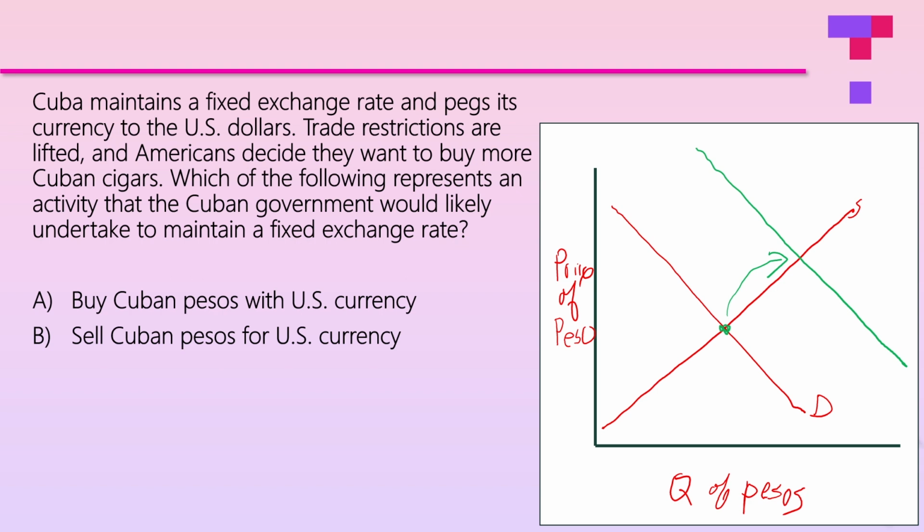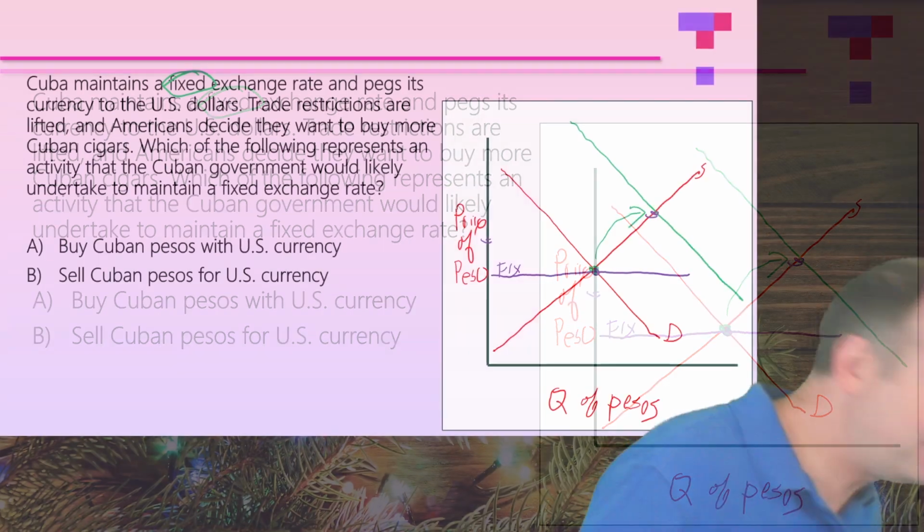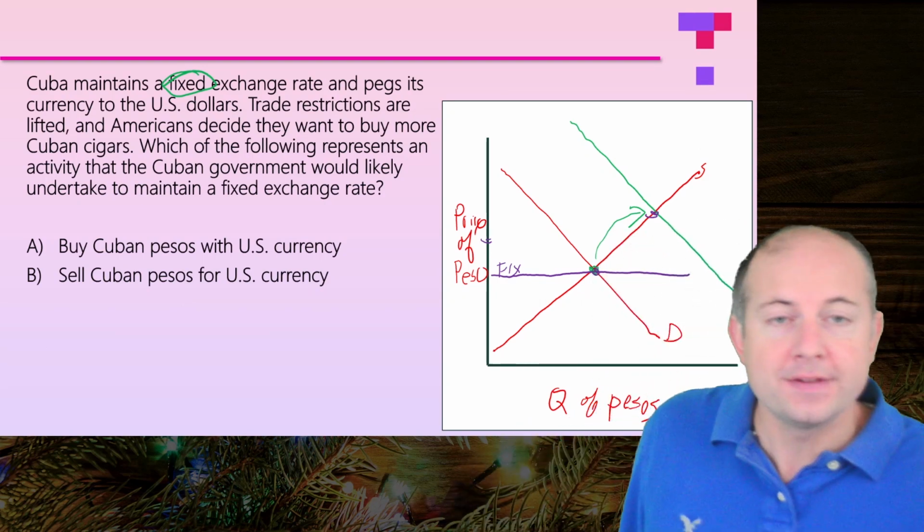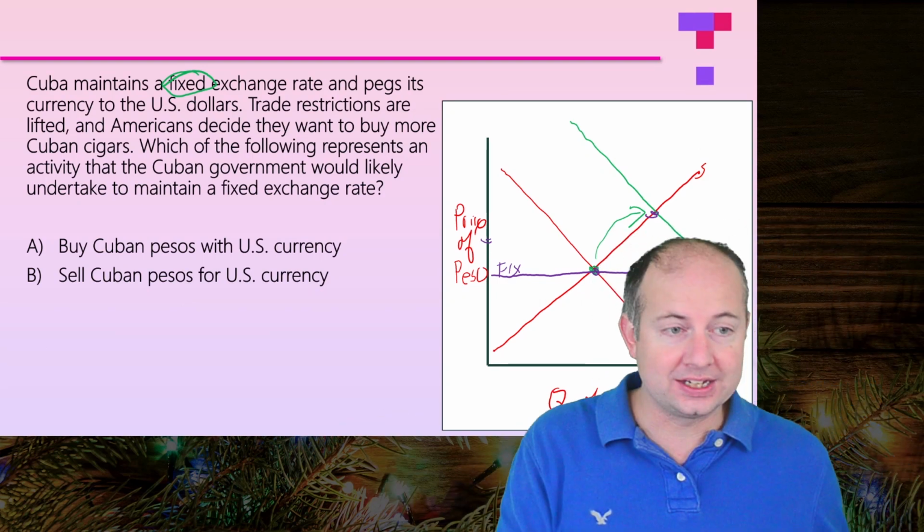Now we need to think about what it means that there is a fixed exchange rate. Remember, the fixed exchange rate means that Cuba has decided that it wants its exchange rate to be here. So fixed. Well, when the exchange rate went from here up to here, now the exchange rate would be too high. So what Cuba needs to do is think about some way to get the exchange rate back to where it wants the exchange rate to be.